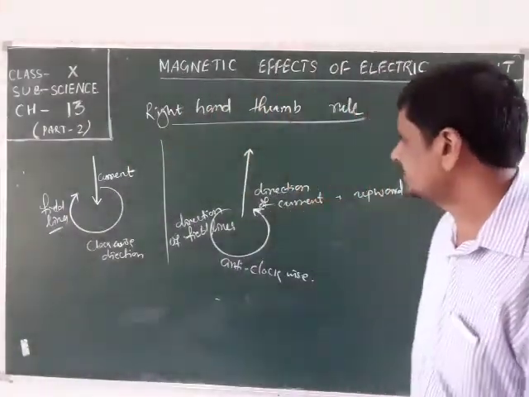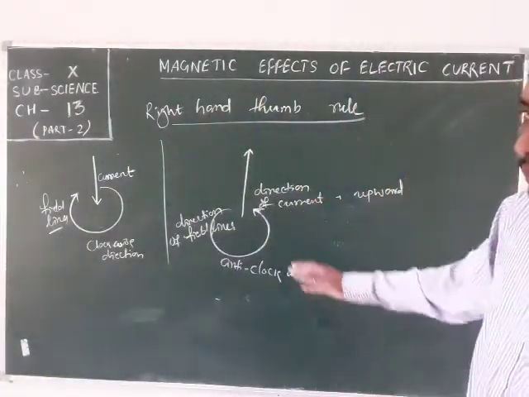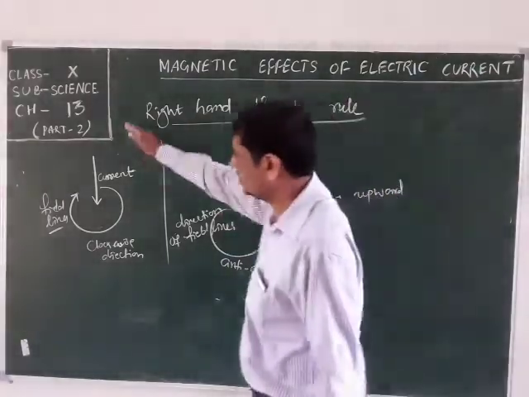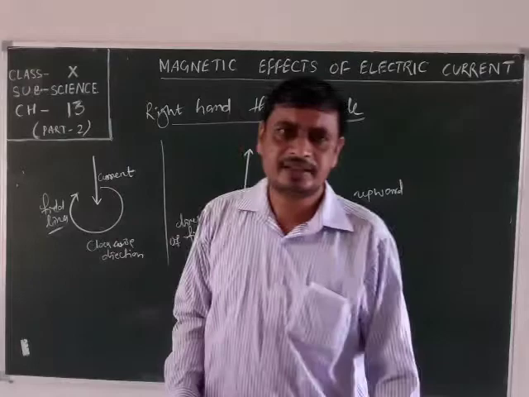That is the right hand thumb rule. When current moves from bottom to top, it is anti-clockwise. When it is top to bottom, it is clockwise.